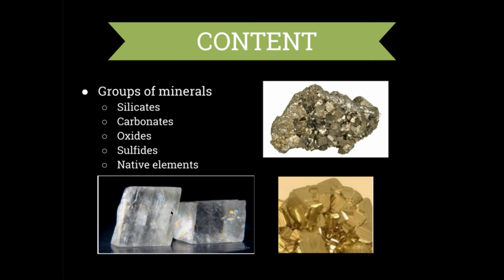And there are also a couple of other examples. For example, this is a sulfate right here, which is a combination of sulfur and a couple of other elements. Sorry, this one is pyrite. And there are also minerals that are really only one element. So this is just a gold solid mineral, and that's considered part of the native elements group.